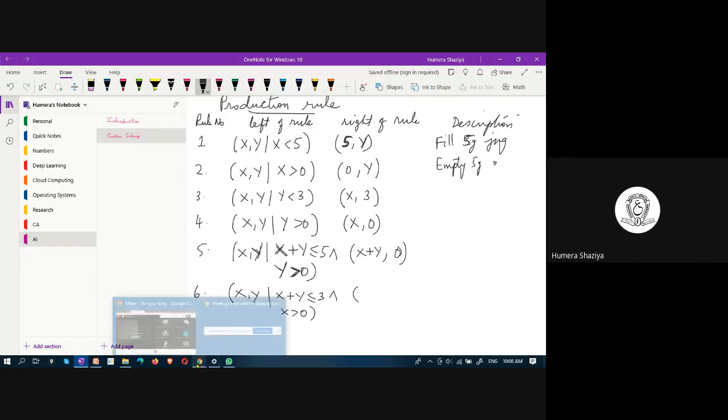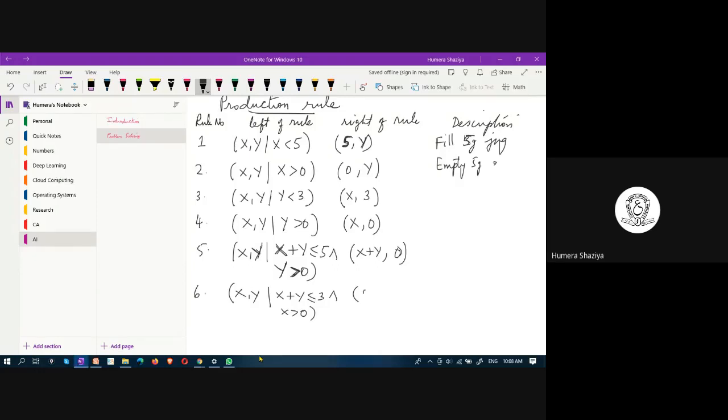Some means it can be full, some water in the 5 liter jug, and together X plus Y is less than or equal to 3, which apparently means there is a scope for the 3 liter jug to have some more water, which we are going to pour from the 5 liter jug.